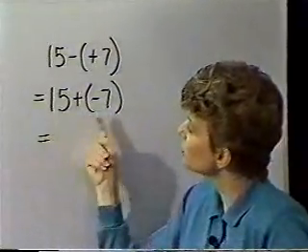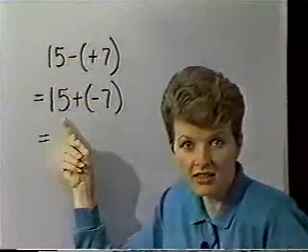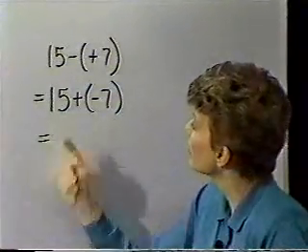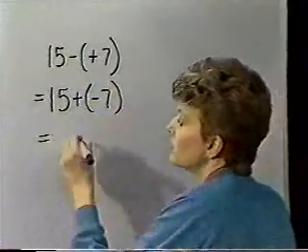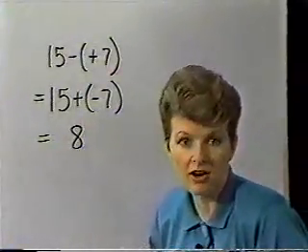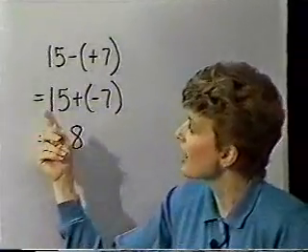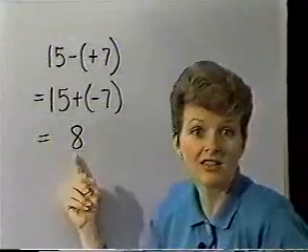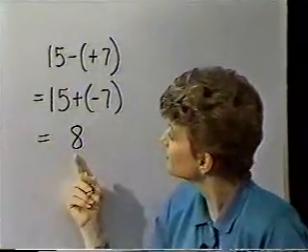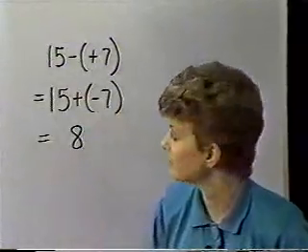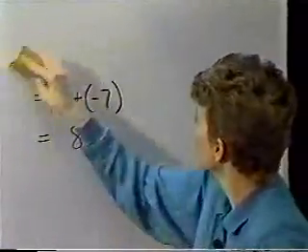I'm adding two numbers with unlike signs. Subtract the smaller absolute value from the larger absolute value. Well, 7 from 15 would be 8. Keep the sign of the number with the larger absolute value. The sign of 15 is plus, so this is a plus or a positive 8. All right, so my answer is positive 8 or 8. Let's look at another example.